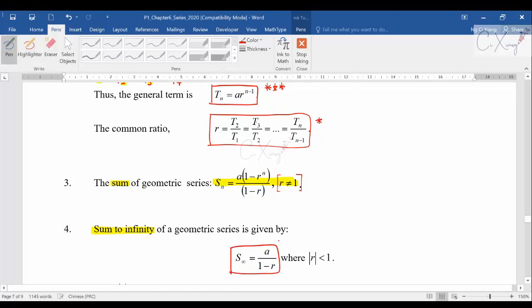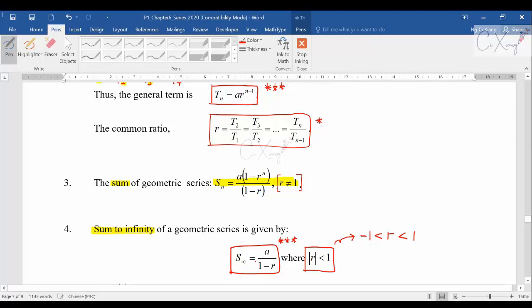Please take note that if you want to find the sum to infinity for any geometric series, that means you want to apply this formula, you have to make sure that the modulus of R must be smaller than 1. What does modulus R smaller than 1 mean? It means that R is between -1 and 1.